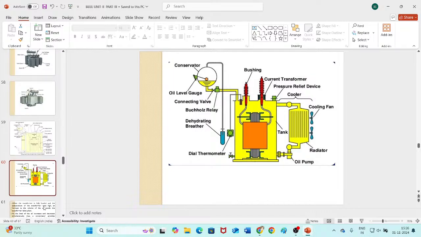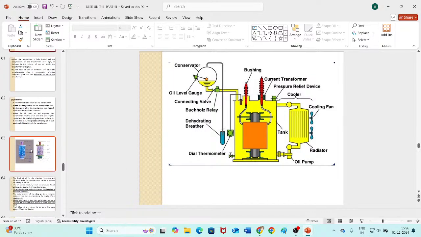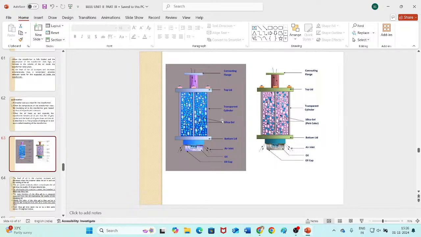If the oil level has increased within the transformer and the breather absorbs the air from the atmosphere and lets the oil cool down, the air may carry the moisture.